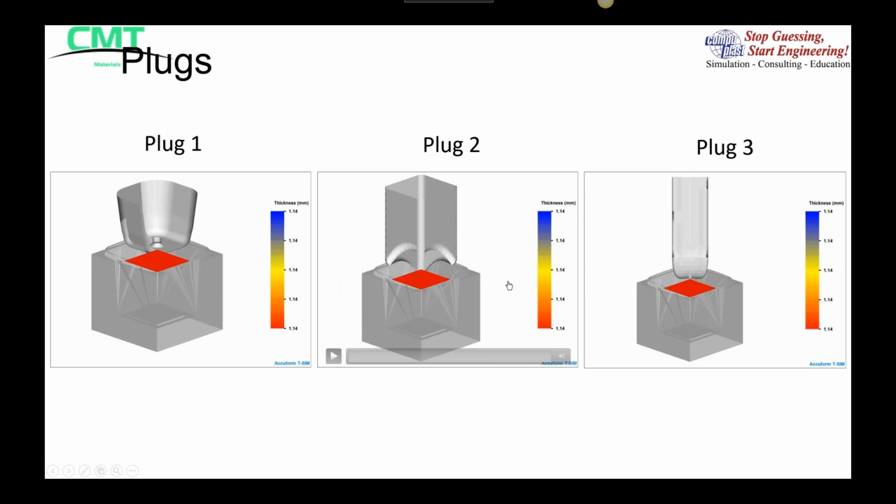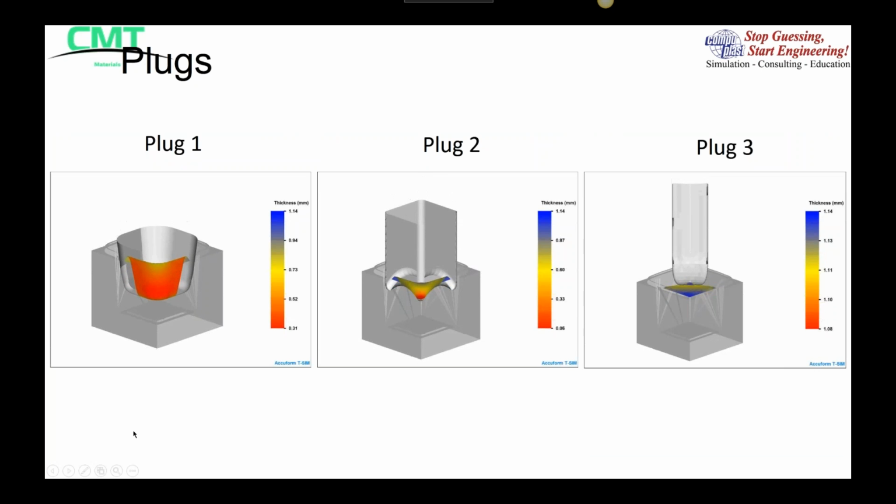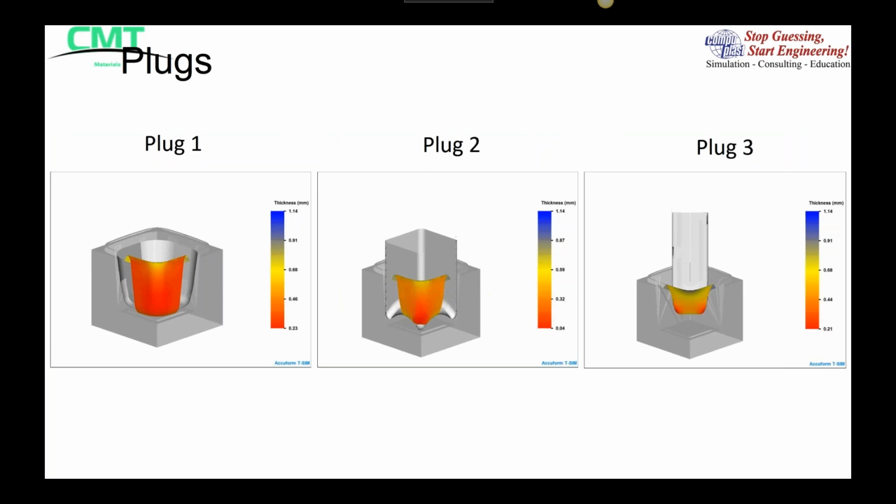distribution? We simply set up a simulation and run each one of those through the same conditions, look at the results, and evaluate the thickness distribution that's achieved by each one of these different plug shapes.